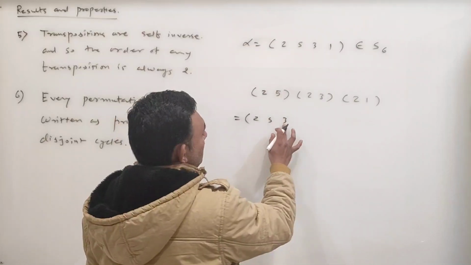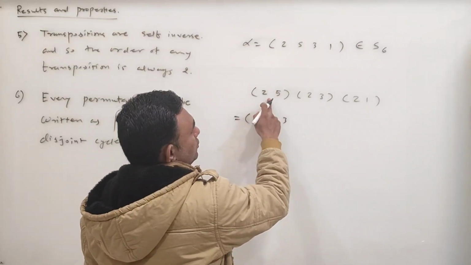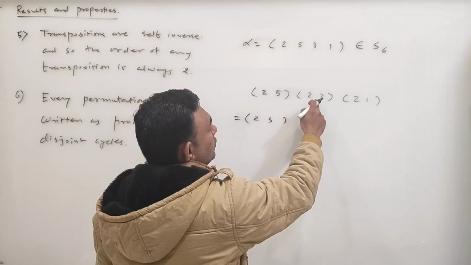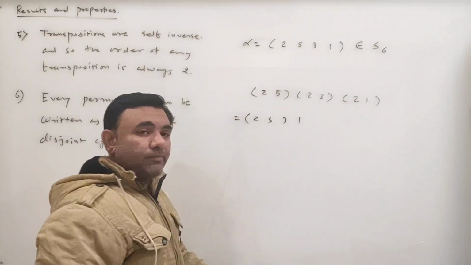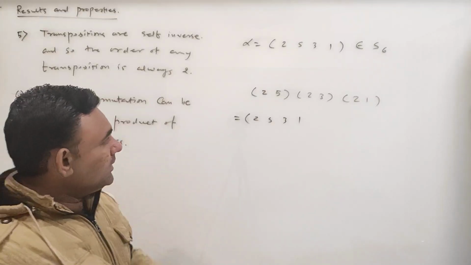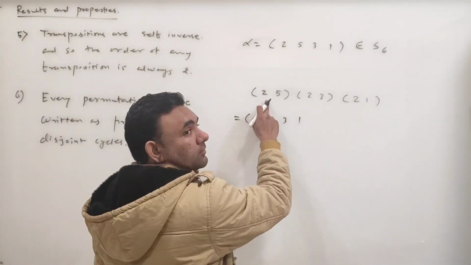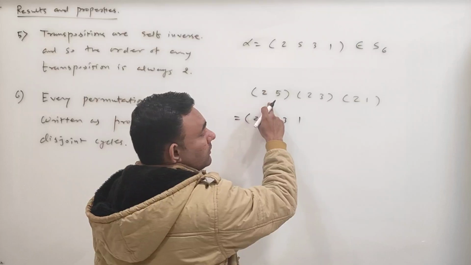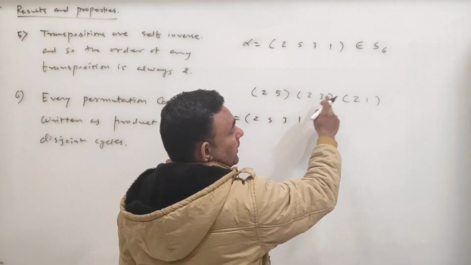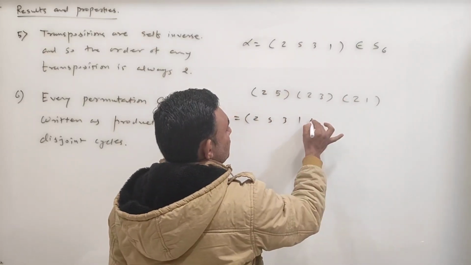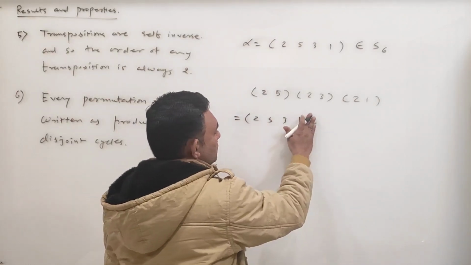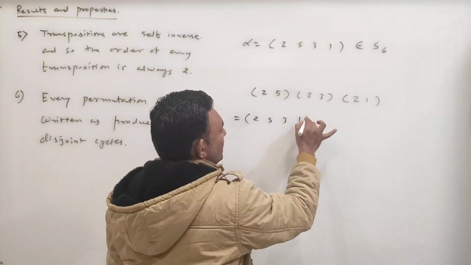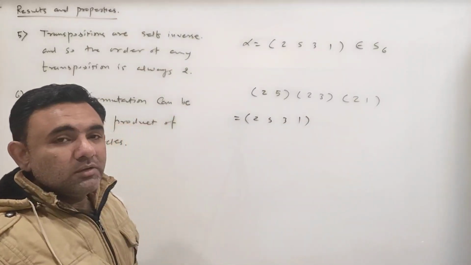Now you look at the image of 3 in first cycle. 3 goes to 3, 3 goes to 2, and here 2 goes to 1, so 1. Now you look at the image of 1 here. 1 goes to 1, 1 goes to 1, and here 1 goes to 2, so 2. But 2 is the starting point, so we will not write 2. It is just this one, right?